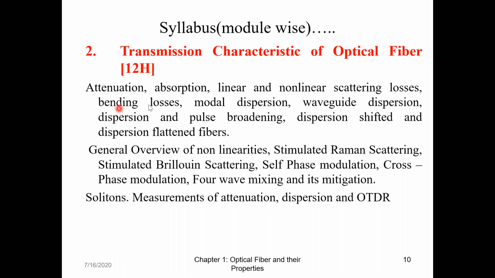So these are the various names of the losses stated over here: attenuation loss, absorption loss, linear and non-linear scattering loss, bending loss, modal dispersion, waveguide dispersion, pulse broadening, dispersion shifted fiber and dispersion flattened fibers. So these are all the losses of fibers. You need to understand all those losses. There are some numericals based on all these topics, and those are very easy and simple.